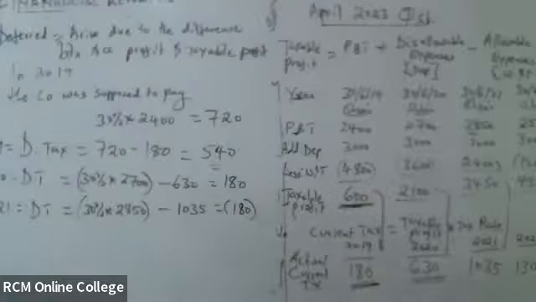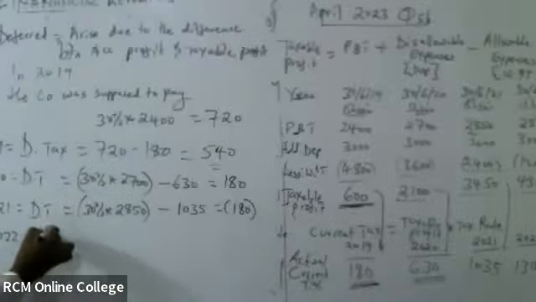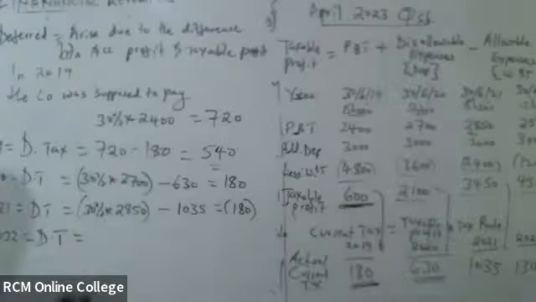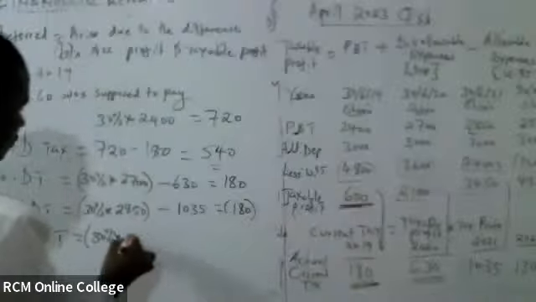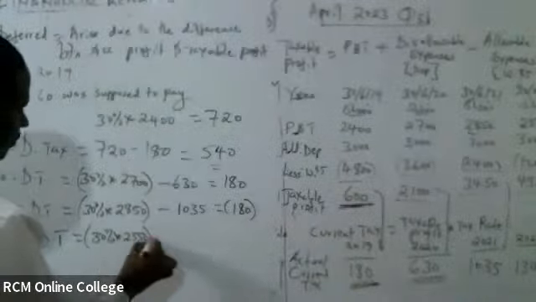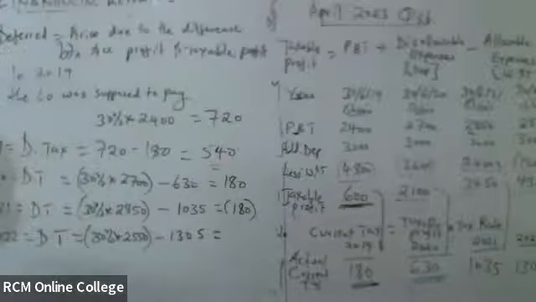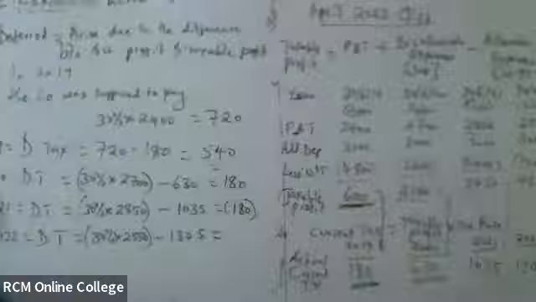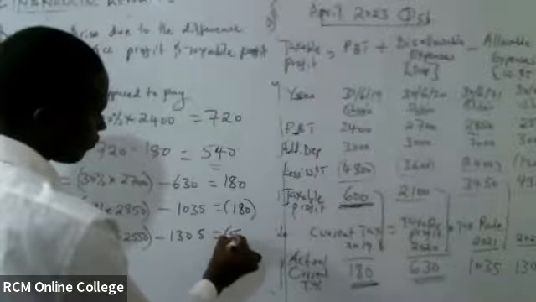So we will see which is income and which is expense. Then 2022 deferred tax, 30% of 2550 minus 1305. How much will it be? The last one is 540, which is a negative 540.